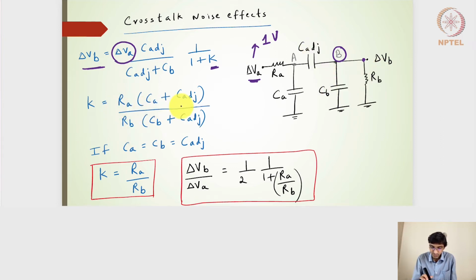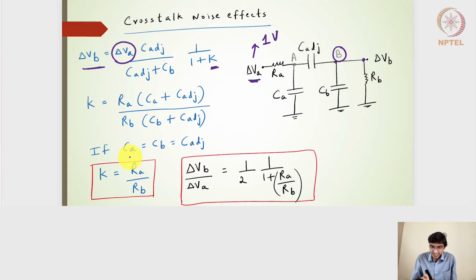So it basically turns out to be a time constant factor. A ratio of the time constant for the wire A and its associated capacitance, and similarly the time constant for the wire B with its resistance and associated capacitance.